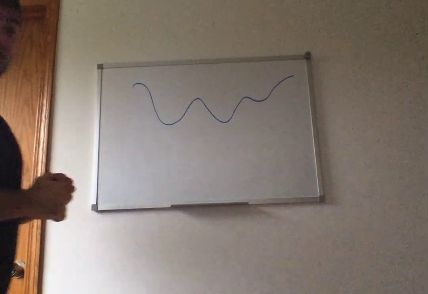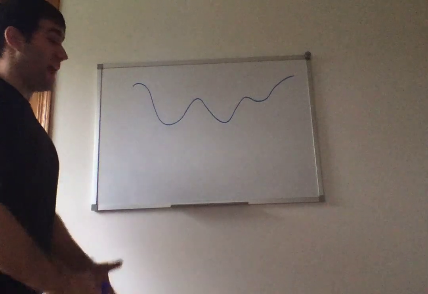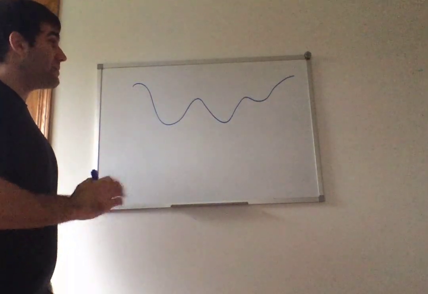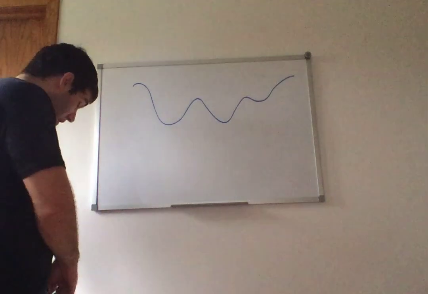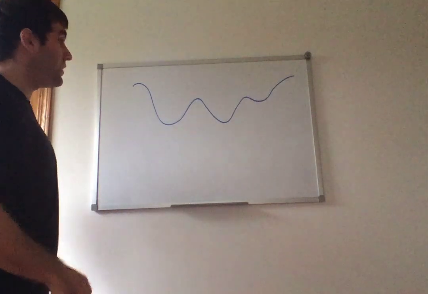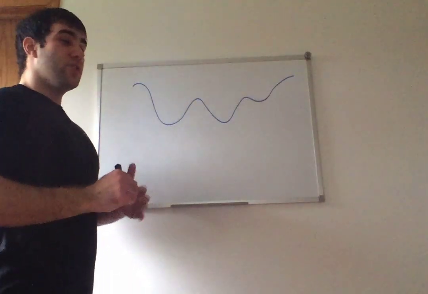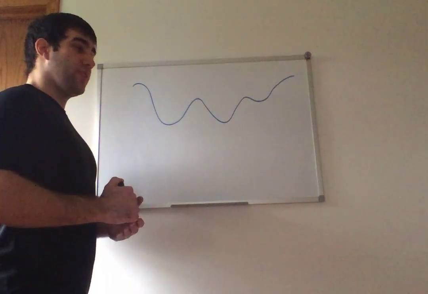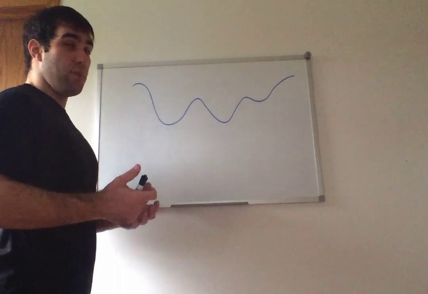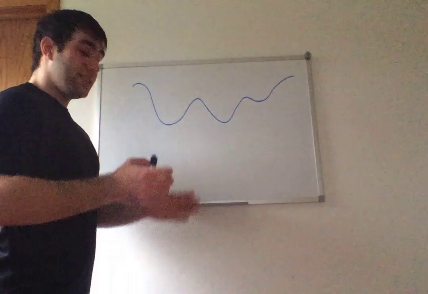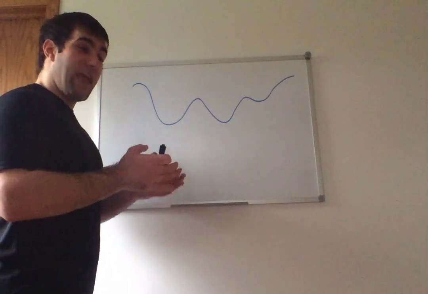This is just some generic graph. I don't have an actual function for it. It doesn't matter. What we're going to do is look locally. If you look at the previous definitions, there was global max, global min, global meaning everywhere. Local means just in a small little area.